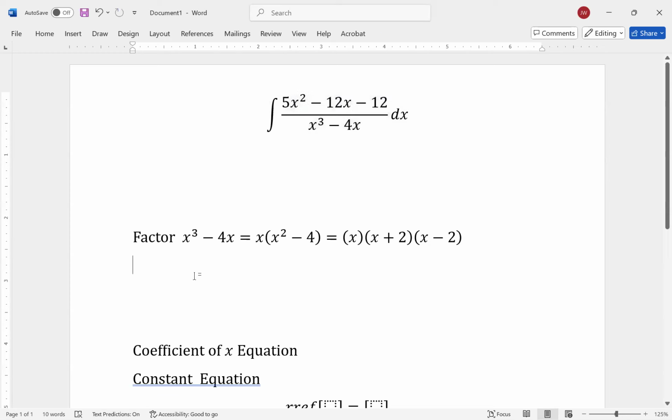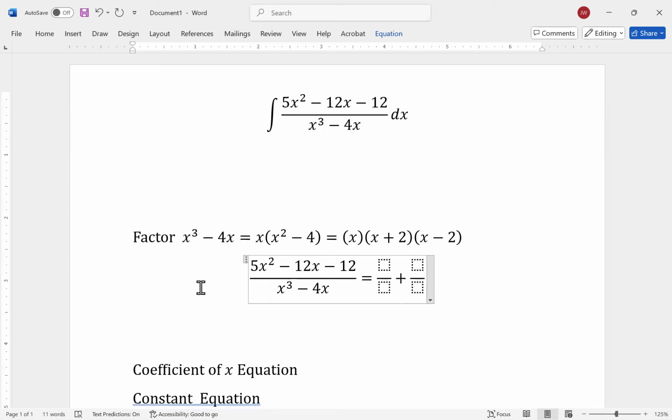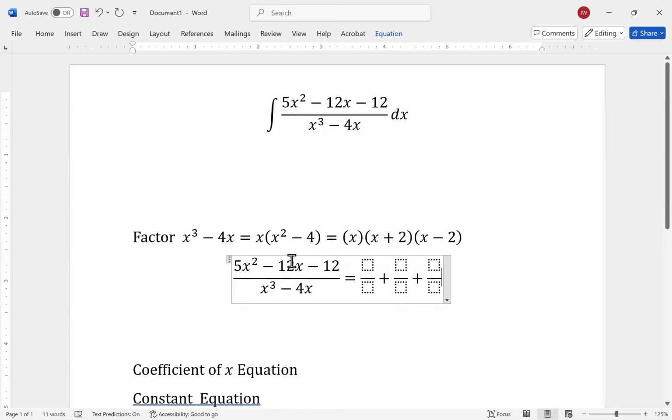That factoring tells us that we can rewrite this rational expression into a sum of 3 fractions. All of these are distinct linear pieces, distinct meaning different from each other.